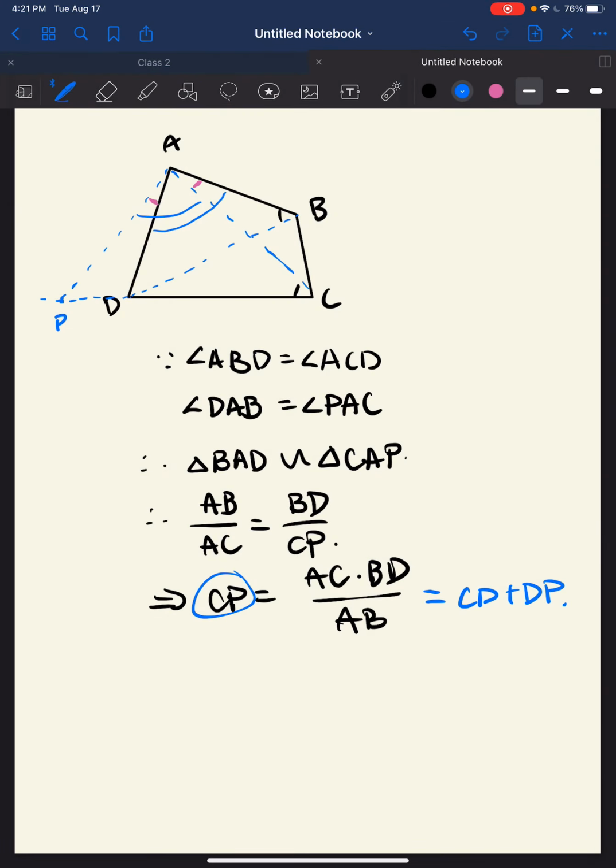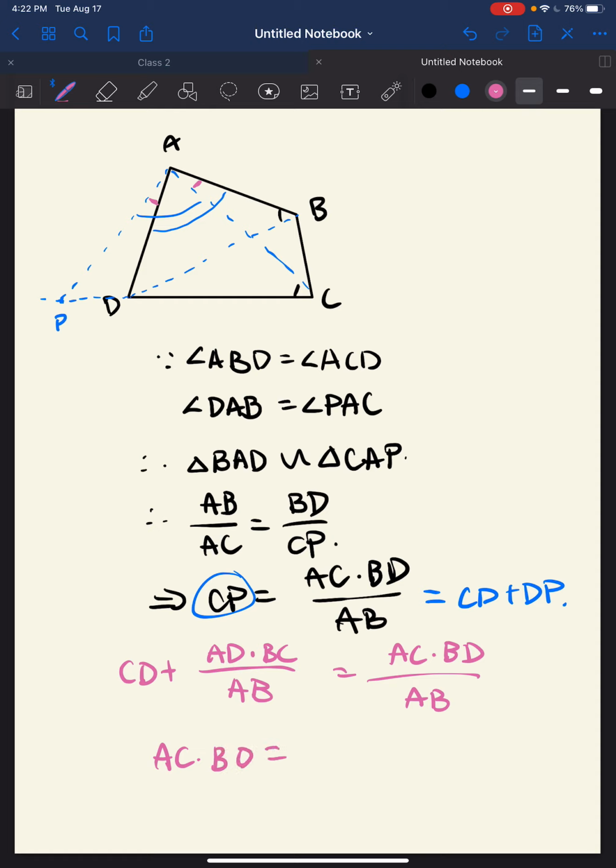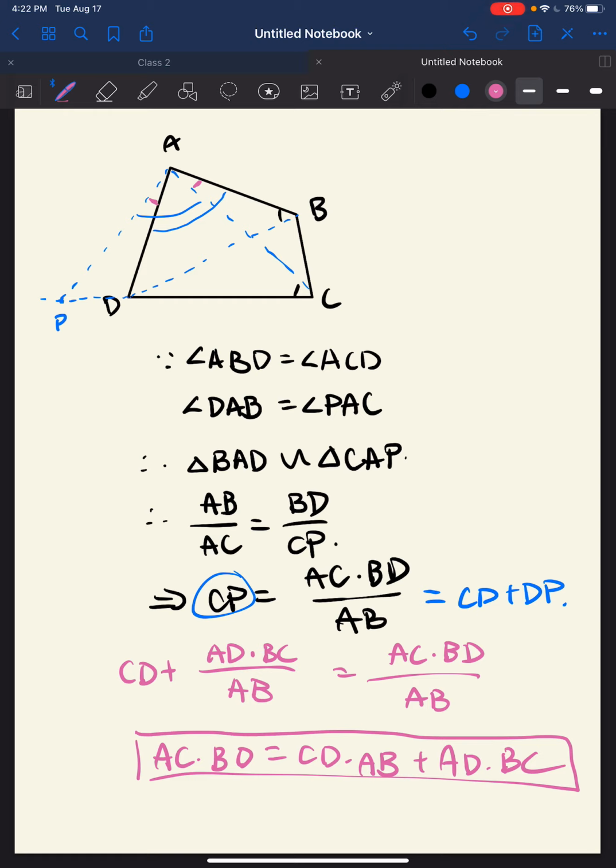So we can therefore write CD plus DP, which is AD times BC over AB, equals CP, which is AC times BD over AB. And if we multiply by AB on both sides, we can see that AC times BD equals CD times AB plus AD times BC. And that is our theorem.